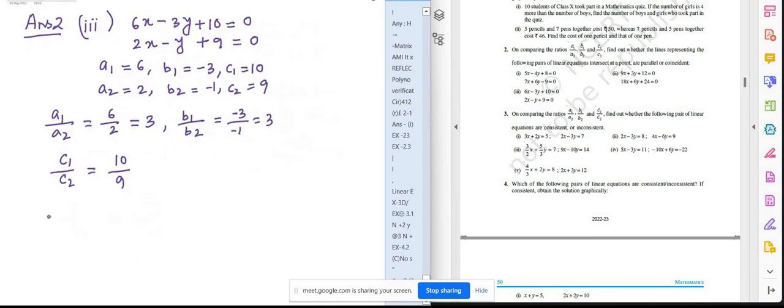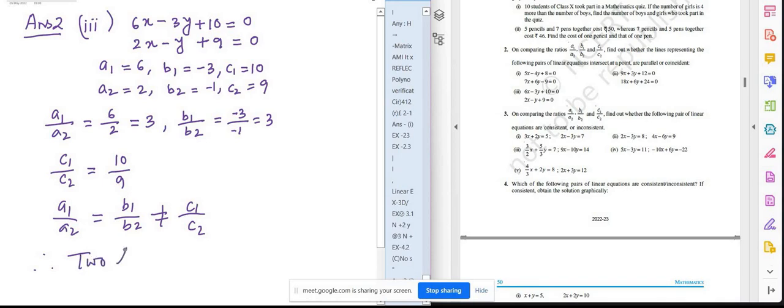So clearly we can observe A1 by A2 equals to B1 by B2 not equals to C1 by C2. Right? So if A1 by A2 equals to B1 by B2 but not equals to C1 by C2, therefore two lines are parallel lines. Understood?